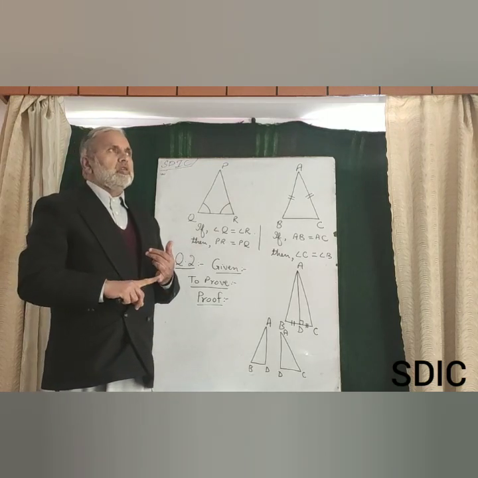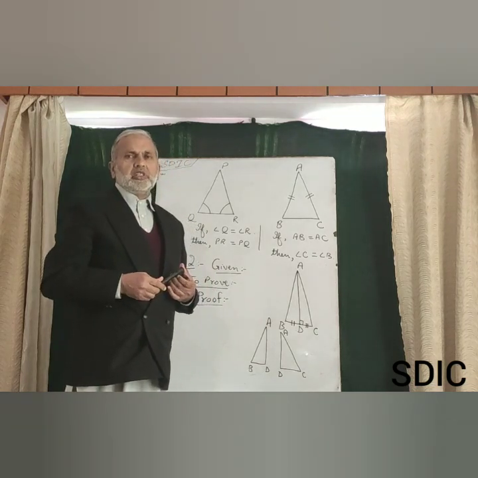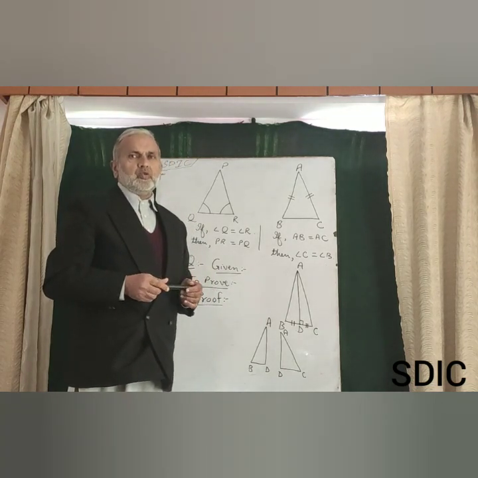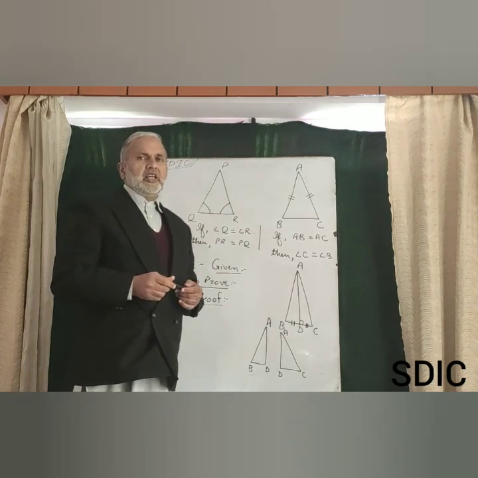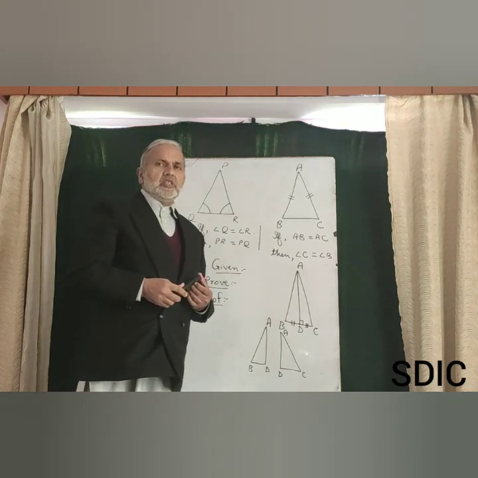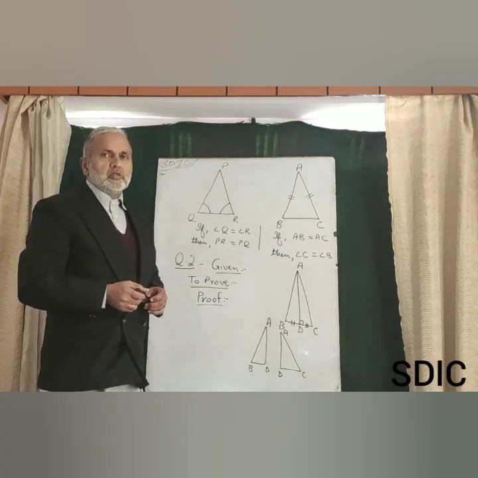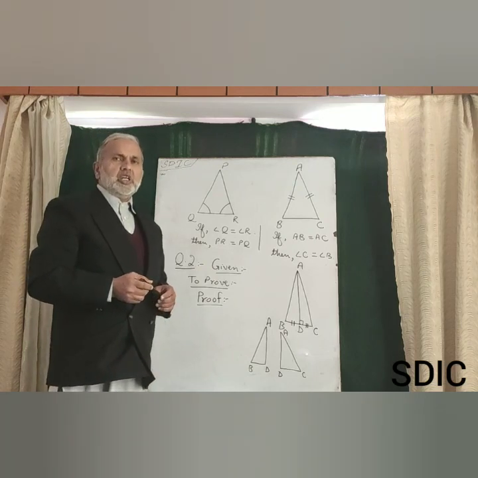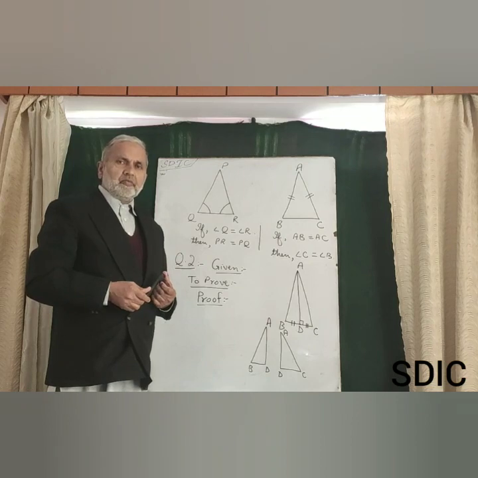We have proved one theorem, and before that, we have discussed one axiom also. SAS axiom we have discussed, and then proved angle side angle, called the ASA theorem. One out of these rules, SAS or ASA, will be used for the congruency of these two triangles.